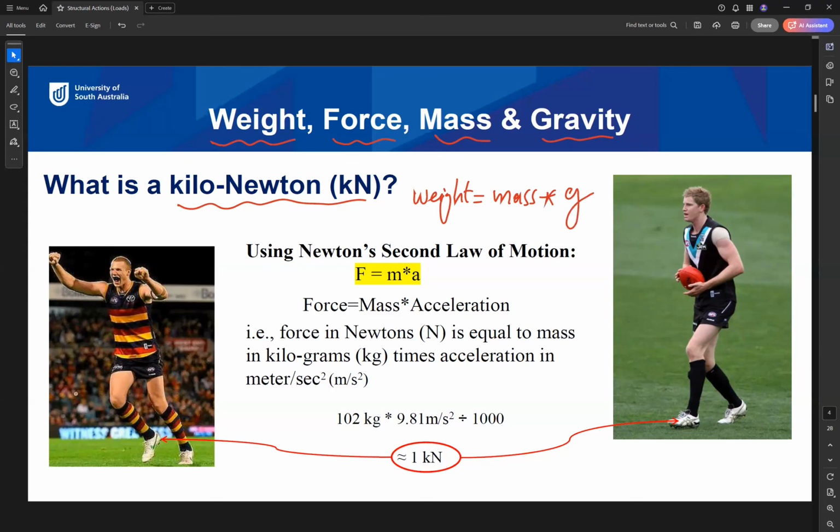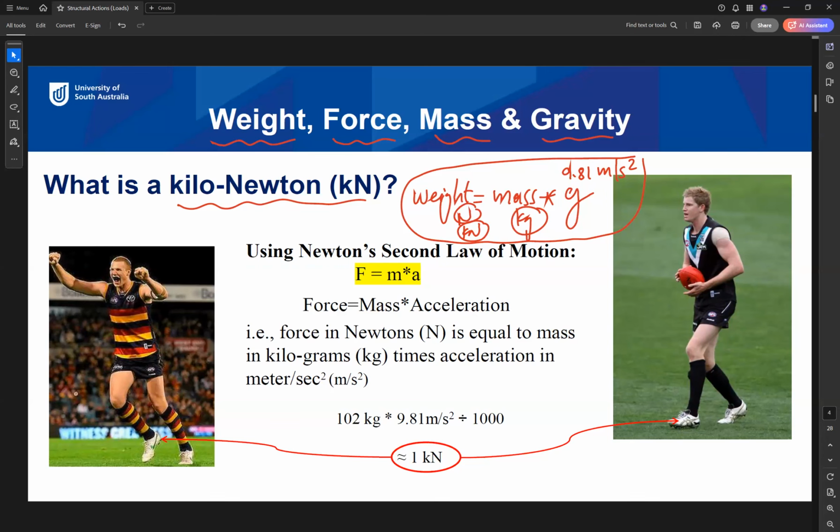So weight in Newton or kilonewton equals the mass in kilograms times g. g is 9.81 meters per second squared. This is the general formula of weight, which we will need in our calculations. You need to make sure that you know how to convert from mass in kilograms to weight in Newton and kilonewton.